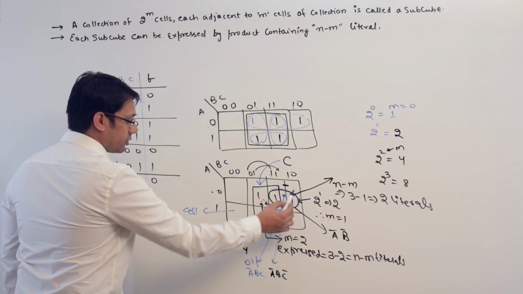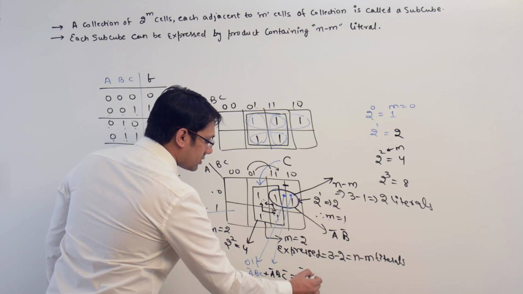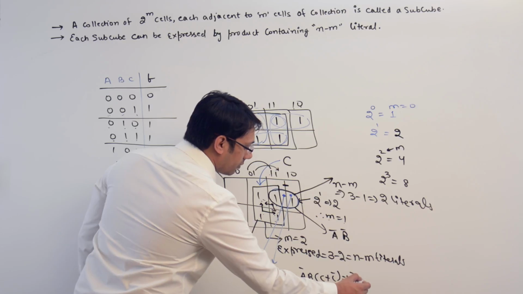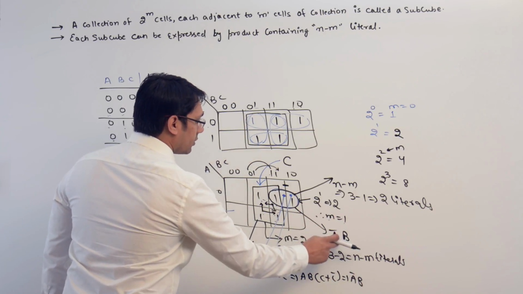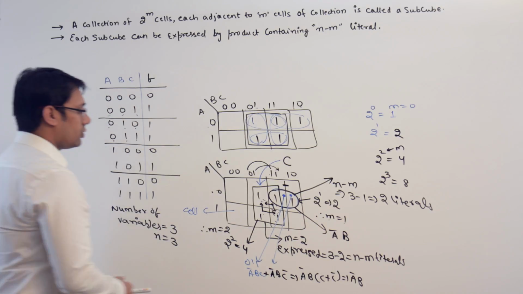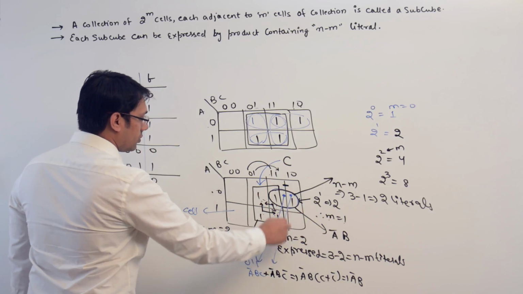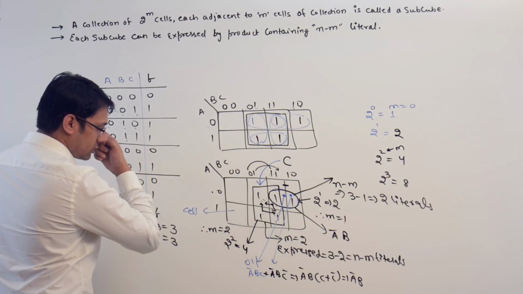So if you make a subcube like this and add them, you can take A complement B as common, so inside we will have C plus C complement, which is equal to A complement B. Sorry, this is A complement B, not A complement B complement. So this subcube is only representing A complement B. This subcube is representing only C, because C is not changing.